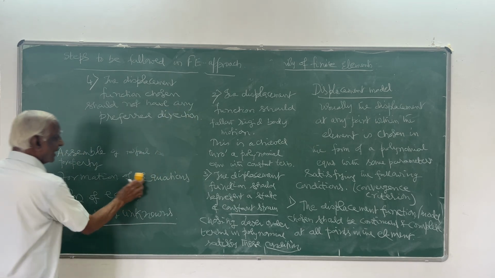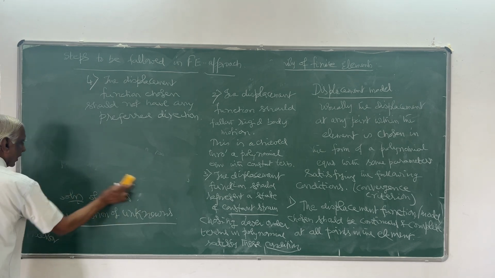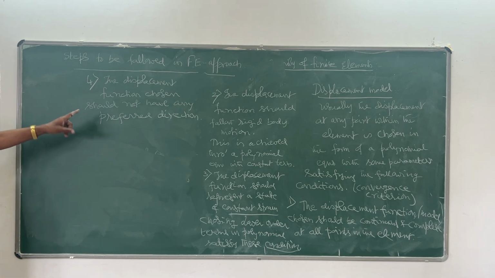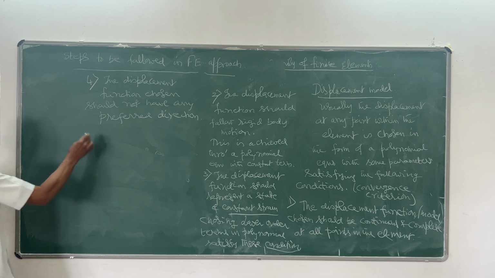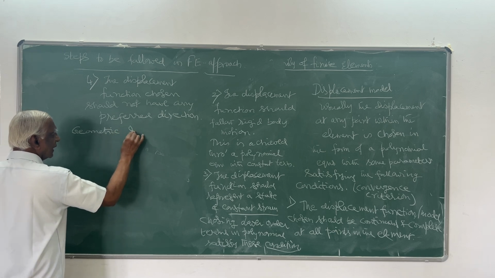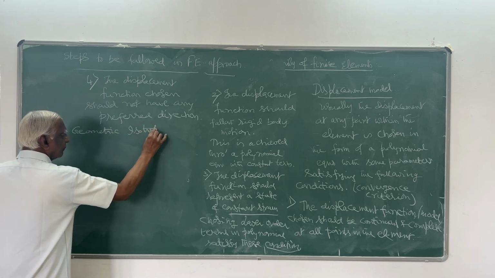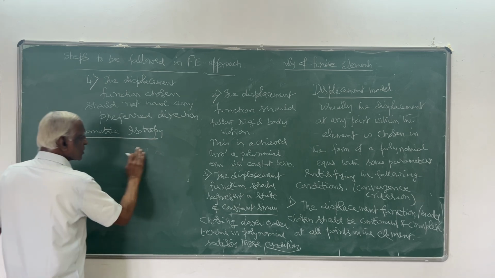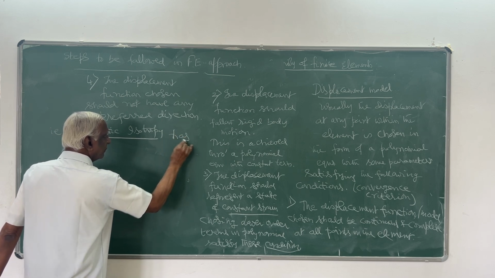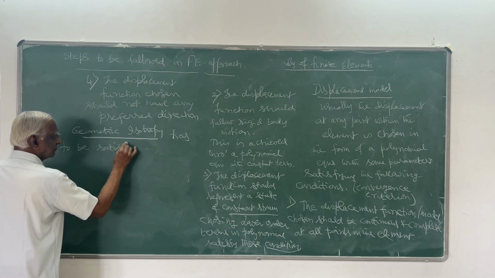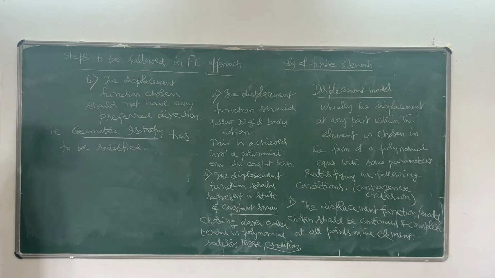It should not be disturbed from one position to another. This particular condition we call geometric isotropy. Geometric isotropy has to be satisfied.